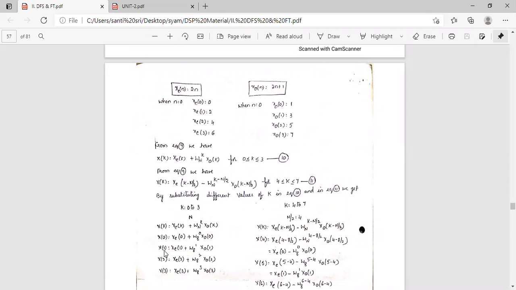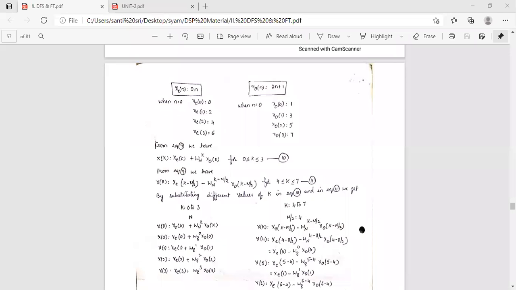If k is 1, then x of 1 equal to xe of 1 plus w8 power 1 into xo of 1. X of 2 equal to xe of 2 plus w8 power 2 into xo of 2, and x of 3 equal to xe of 3 plus w8 power 3 into xo of 3.